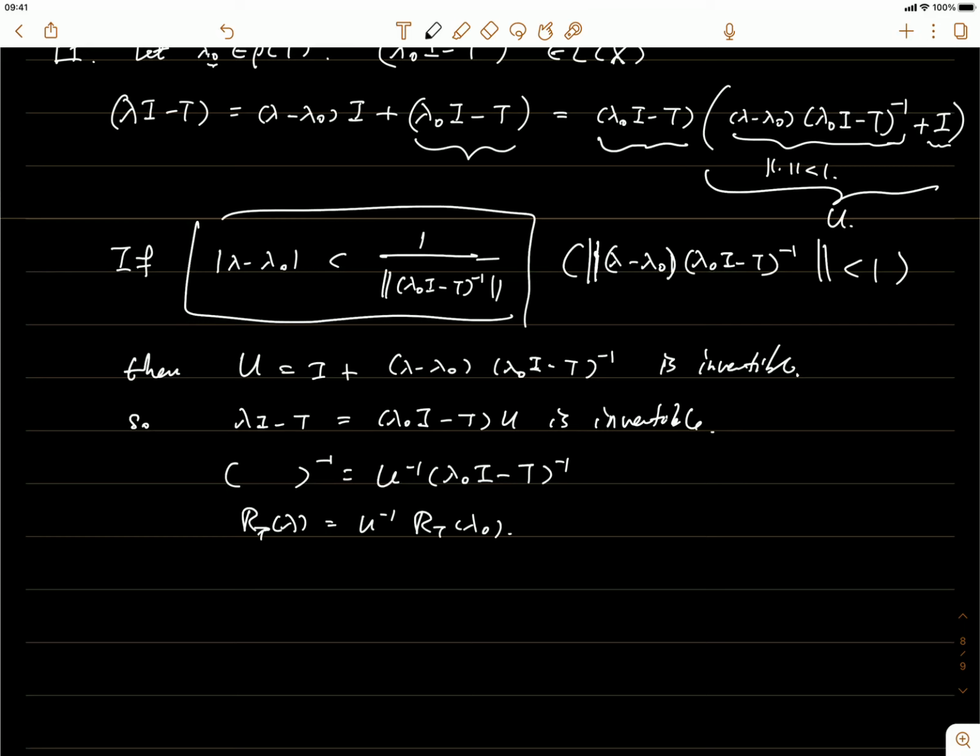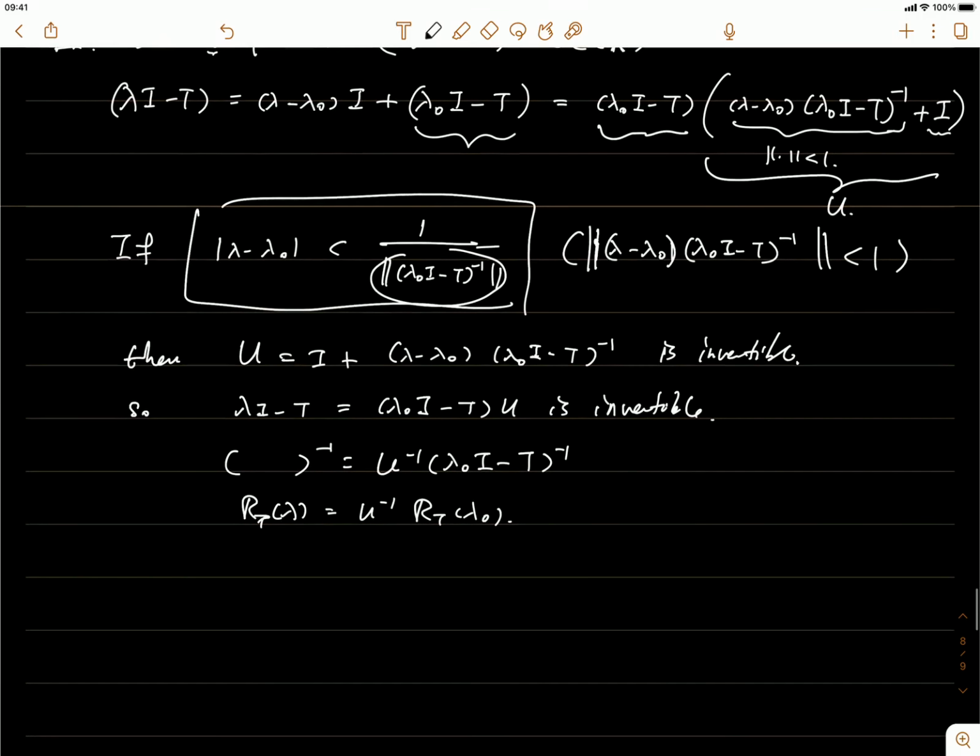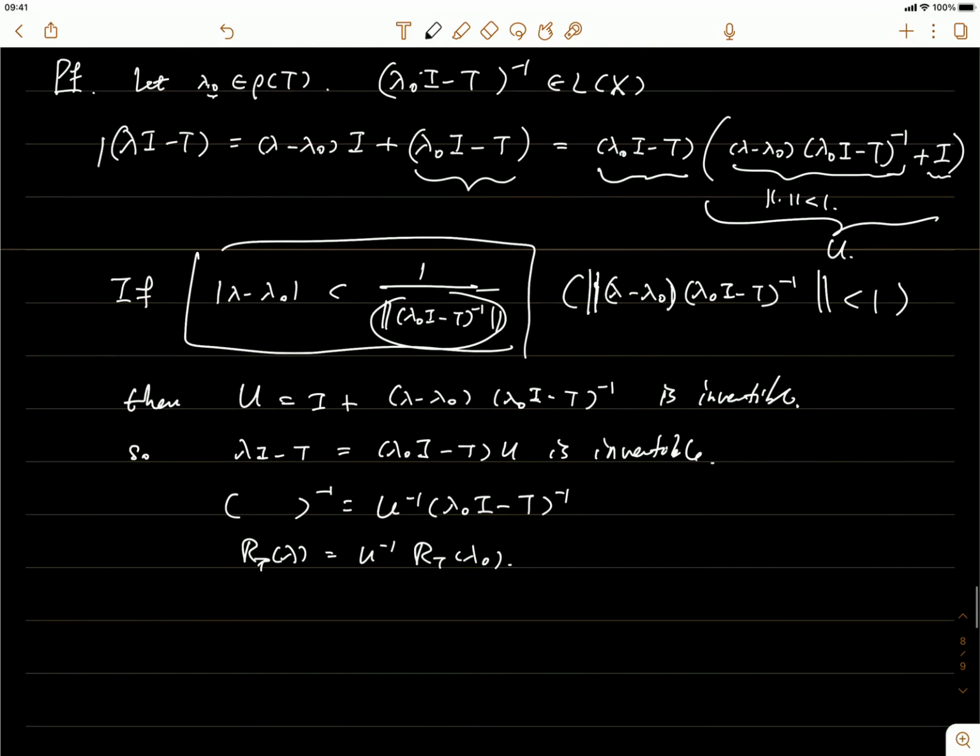But the key is that for this to happen, we just need this. As you can see, this right-hand side is a positive number. So as long as my lambda is not so far from lambda naught, within this radius, it's guaranteed that the resolvent at lambda, which is the inverse of this thing here, exists.